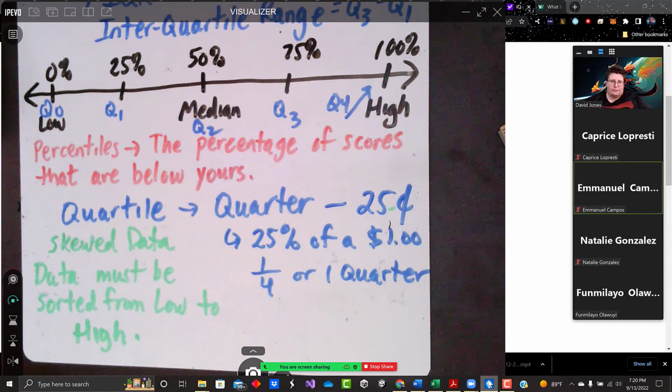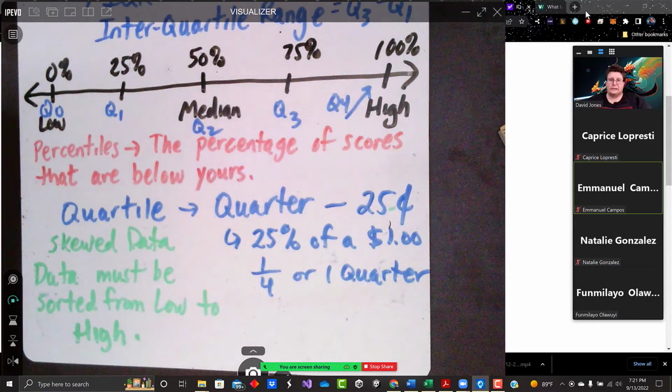Let me leave that up while I'm erasing the other one so you guys can write down. We're going to use that for more stuff in a second and give some examples. Does anyone need that up still?